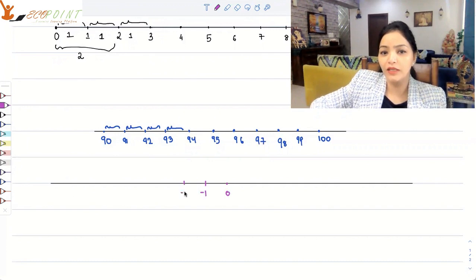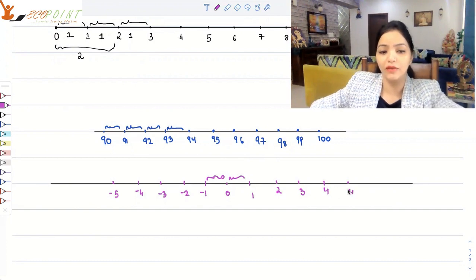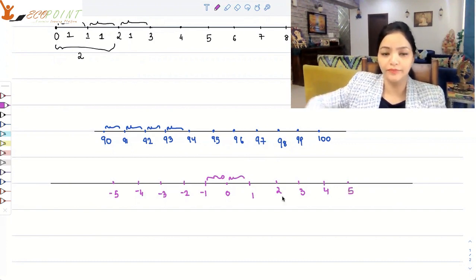Again, the whole point is that all these numbers are equidistant from each other. So the distance between 0 and 1 is the same as the distance between -1 and 0, and so on. That is an extremely important property that you have to concentrate on. So I can display integers as well.